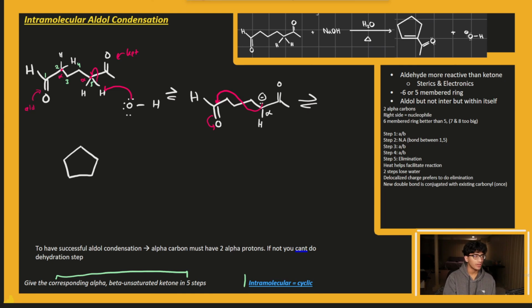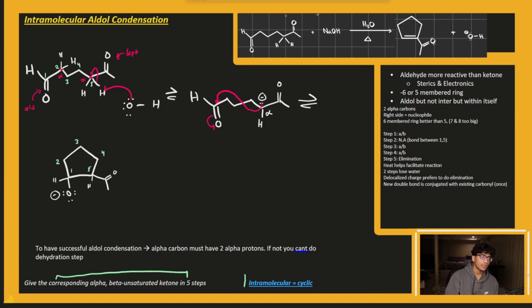And then number it: 1, 2, 3, 4, 5. And now draw the H, and this O has a negative charge, and this has a ketone, right? This has an H, and this is the ketone.